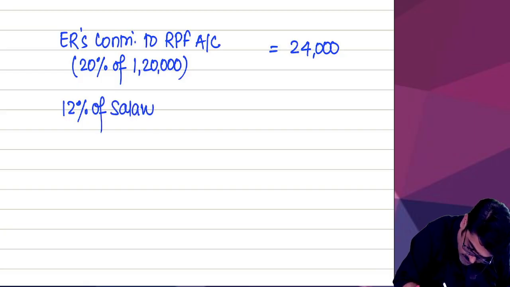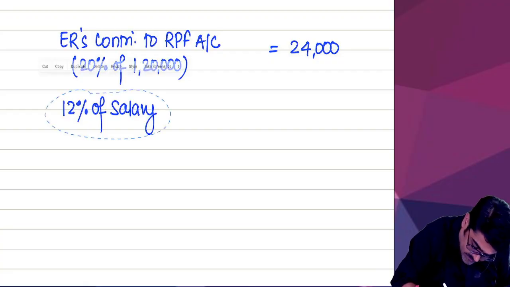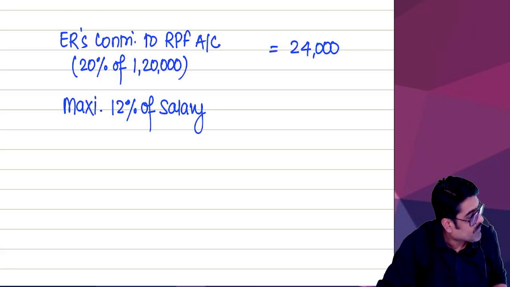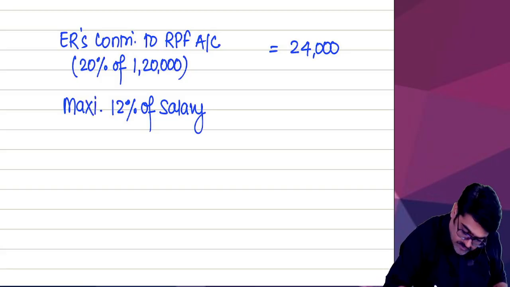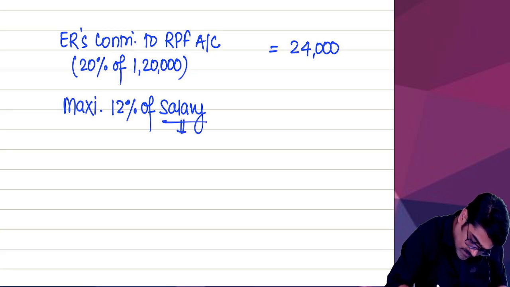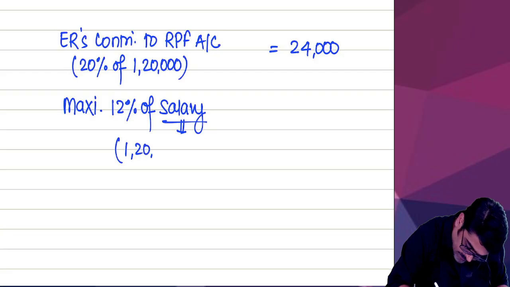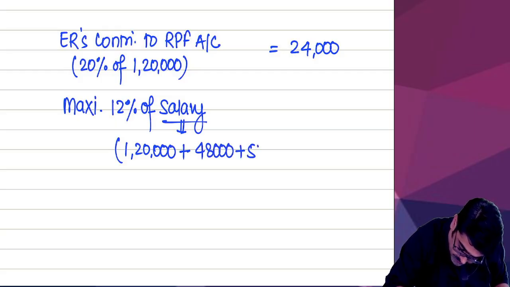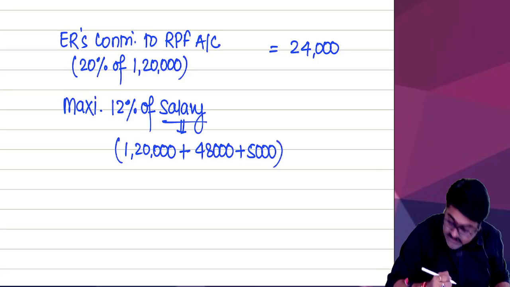Salary. Wait, please check. Maximum contribution should be 12% of salary. Now salary means what? Basic 1,20,000. DA or DA in terms? How much is DA in terms? And do you have turnover commission also? 5,000. This is your salary.